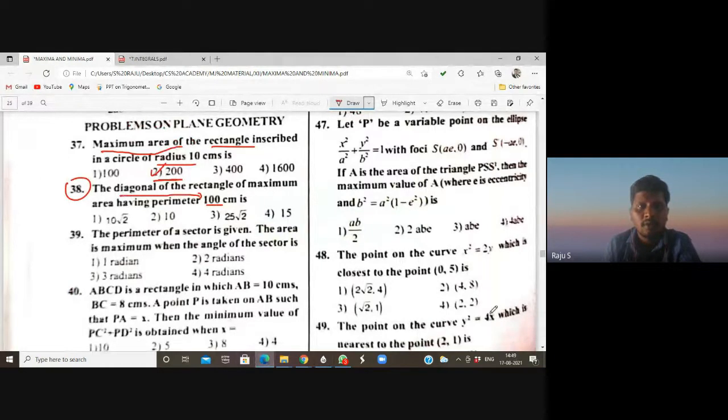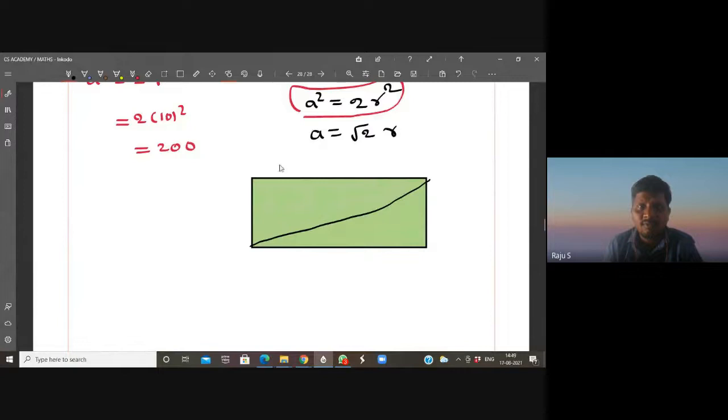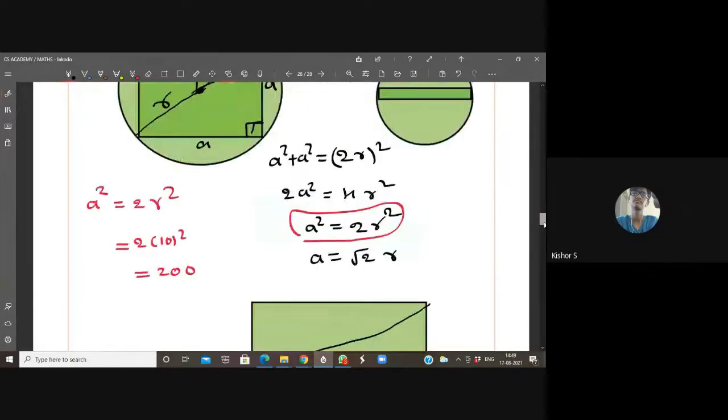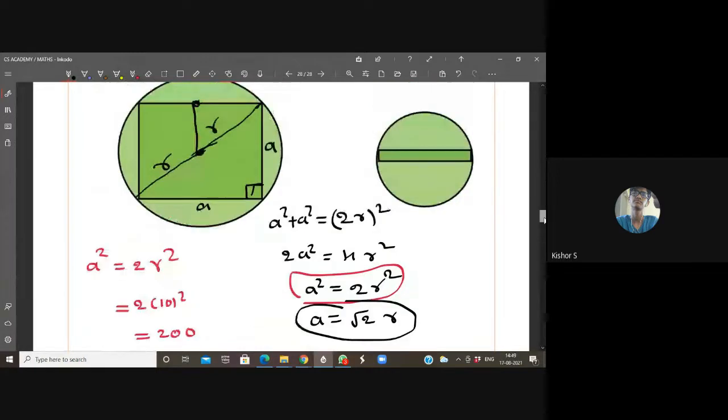See here, since we know that the maximum area of a rectangle, it may be inscribed, is related to the circle alone. You can consider in the circle that the rectangle becomes a square.